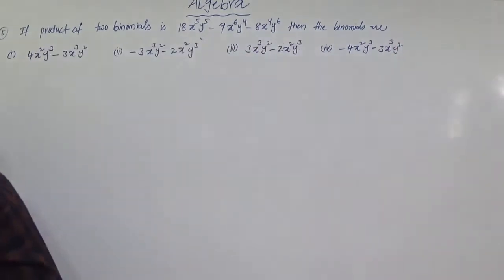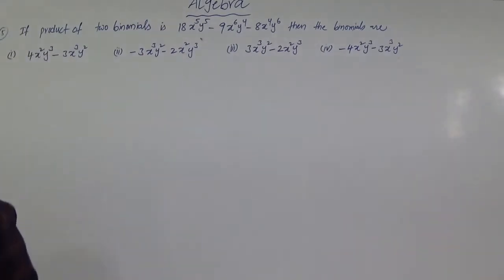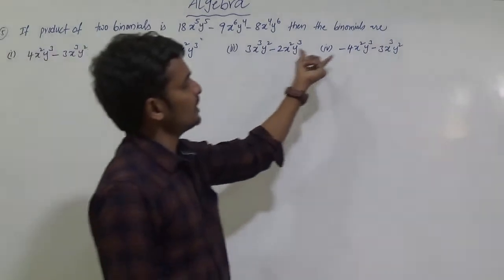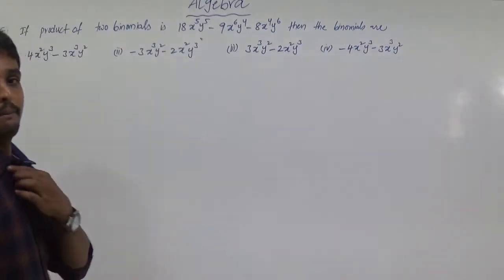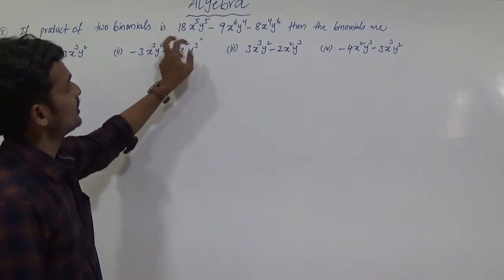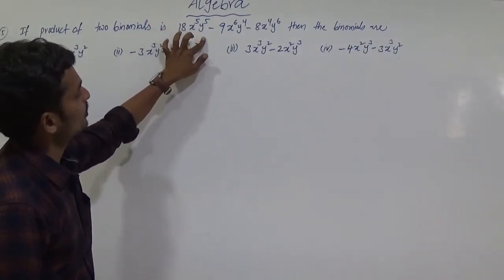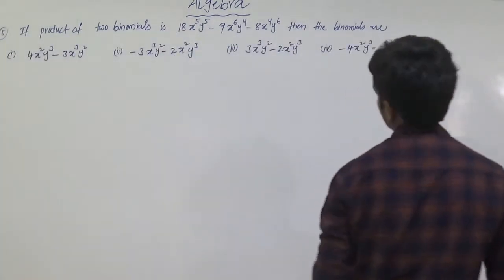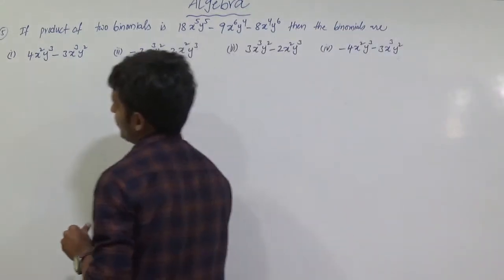So we can solve this problem. These are the four options. So the product of two binomials, this is one binomial, this is 2, this is 3, this is 4. We have to do the multiplication of any two binomials. We have to get the answer 18x⁵y⁵ − 9x⁶y⁴ − 8x⁴y⁶.